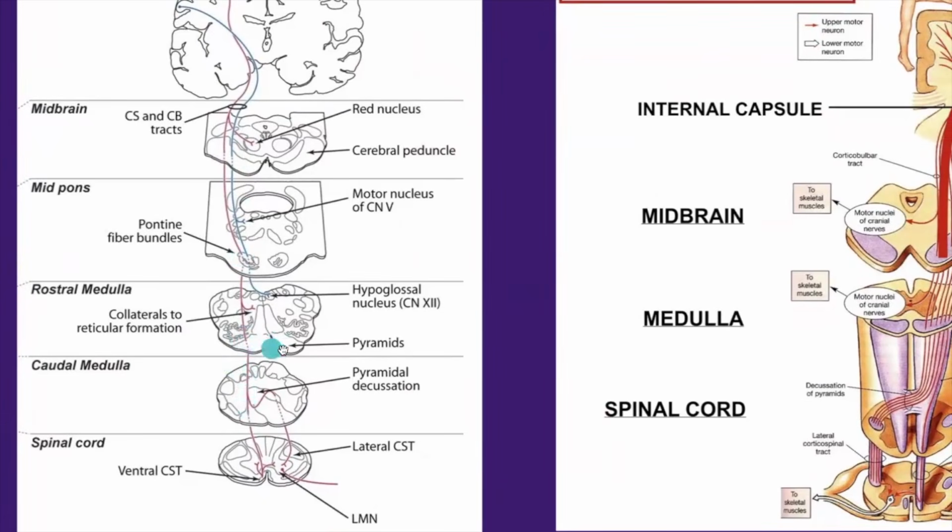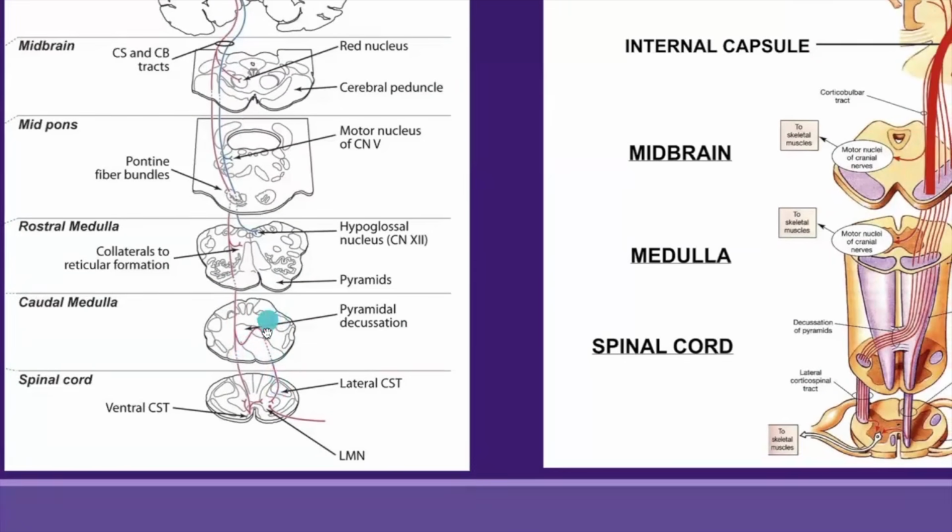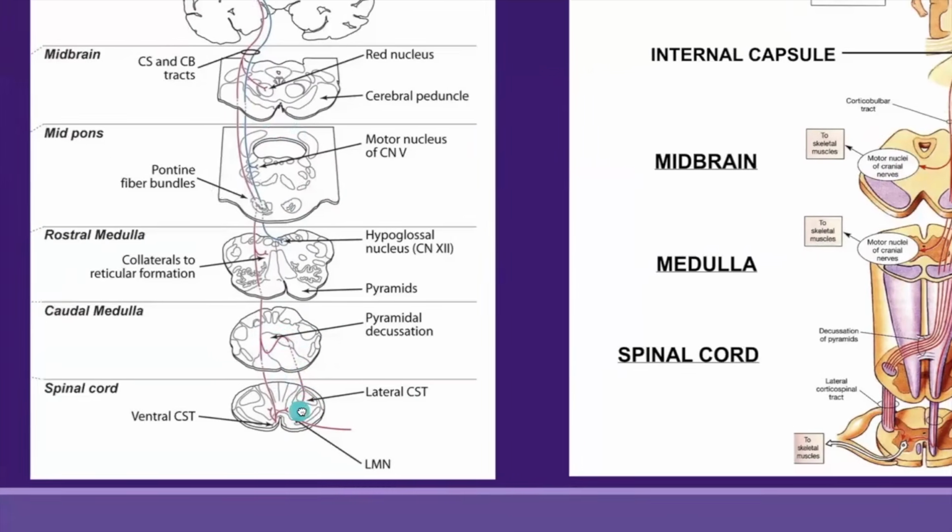It forms the pyramids in the medulla by the pyramidal decussation, and then 85 to 90% of the fibers cross the midline. They go all the way down through the lateral column, and they synapse with the cell bodies of the lower motor neurons in the anterior gray horn.